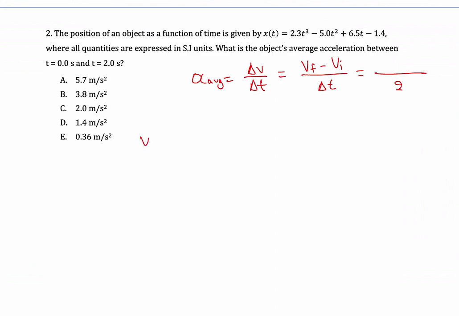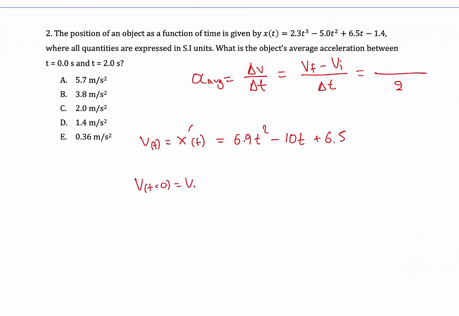And in order to find the velocity as a function of time, we need to derive the position. So the first derivative will be 2.3 times 3, so 6.9 t squared, minus 5 times 2, 10t, plus 6.5. And now that we have an expression for the velocity, we'll find the velocity when the time is 0.